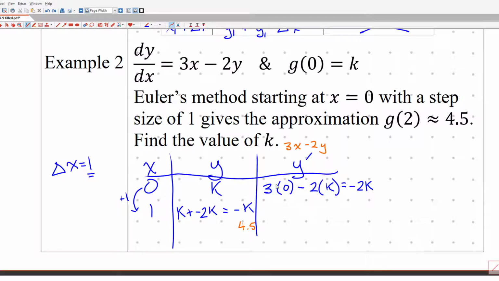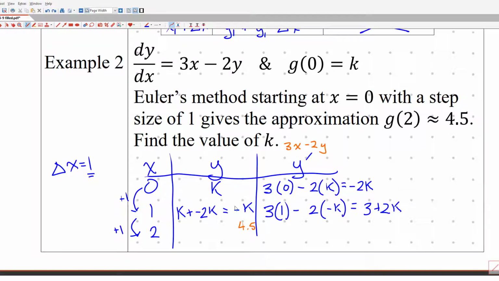So what is the x? The x coordinate is 1 now, so it's going to be 3 times 1 minus 2 times the y coordinate, which was negative k. Simplifying, this is going to be 3 plus 2k. Again, the step size is 1, so plus 1, and this is going to be 2 now for the x coordinate, and we're done. We don't have to go any further because the 2 is the final x coordinate.